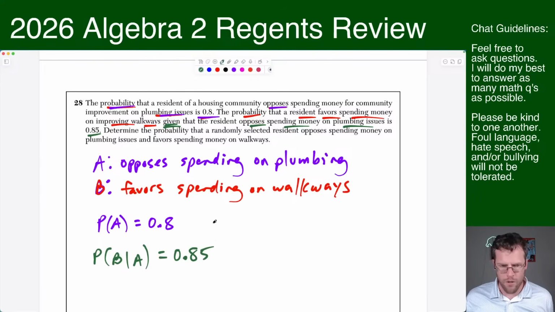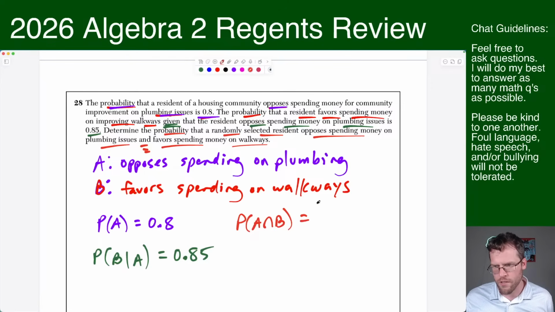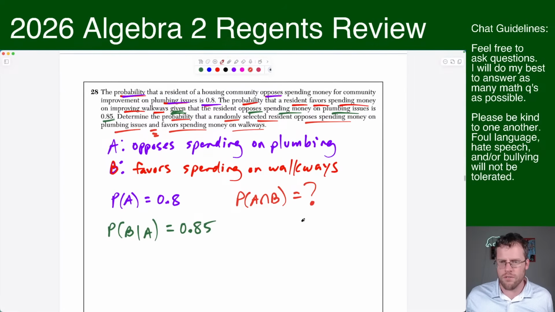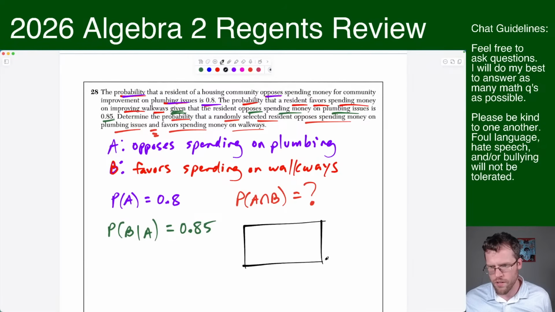Now they want us to solve for the probability that a randomly selected resident opposes spending on plumbing and favors spending on walkways. So they're asking us to solve for the probability of A and B. This is what we're looking for. You can memorize formulas, but I think of the concepts, which helps me remember.